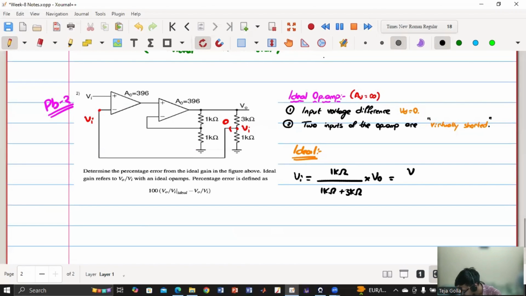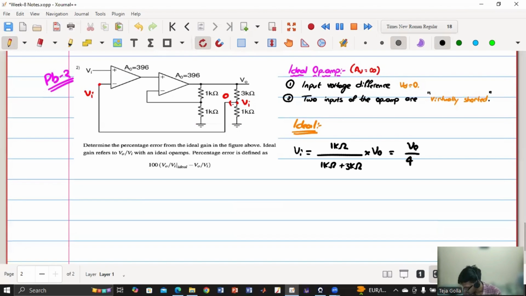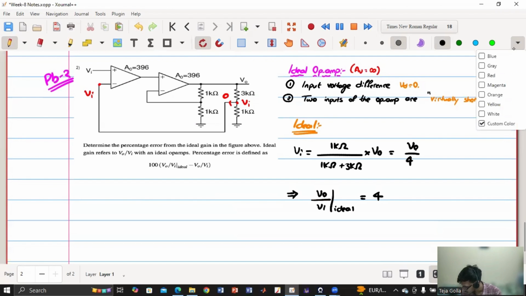So it is V naught by 4. So now from this I can get V naught by Vi for ideal is equal to, sorry, it will be 4. V naught by Vi is 4. Is that clear, Roshan Ghosh?